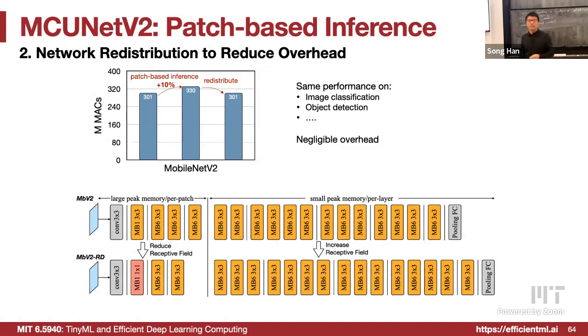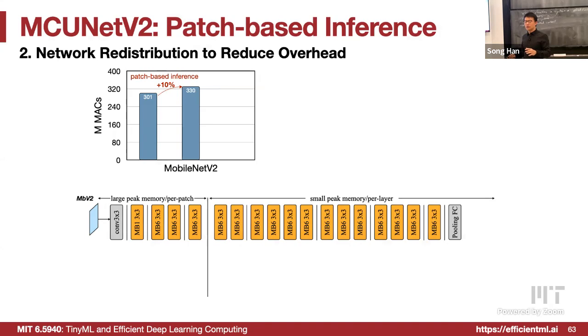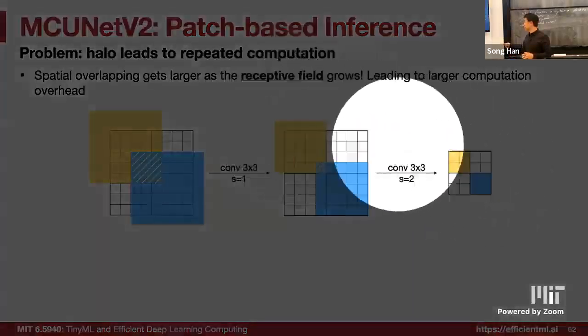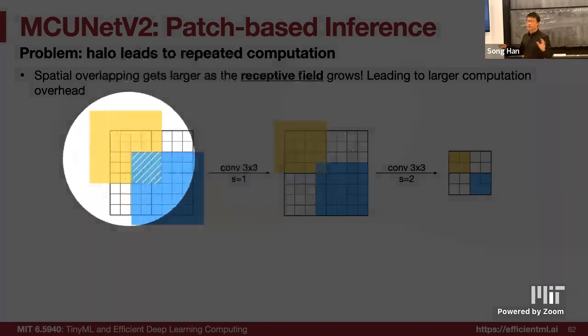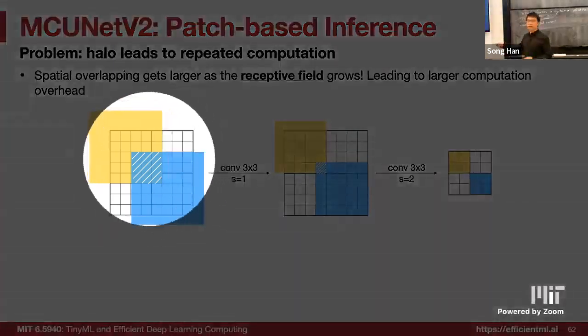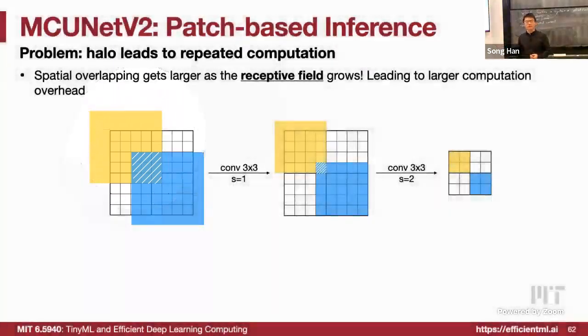The reason for this overlap is the larger receptive field. The receptive field grows from 2x2 to 5x5, 7x7. What if we limit or reduce the receptive field? That will reduce the area of the halo, the overlap region, right?